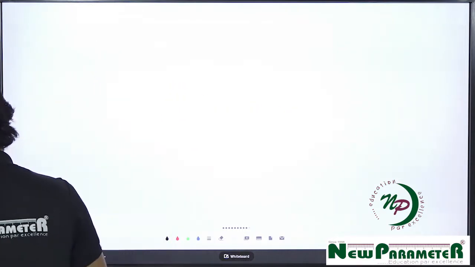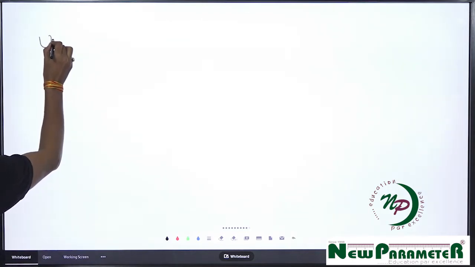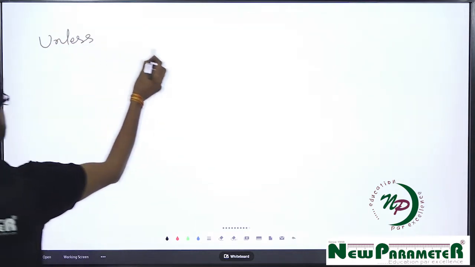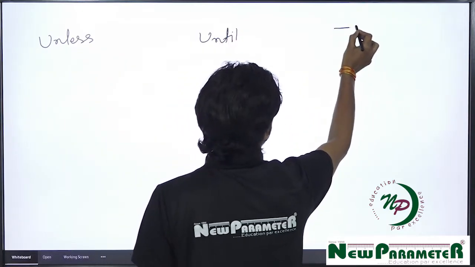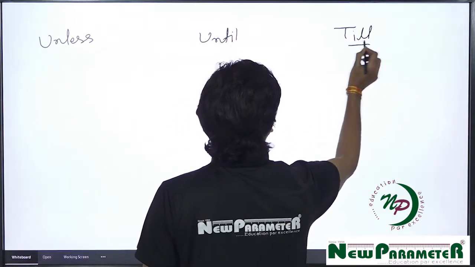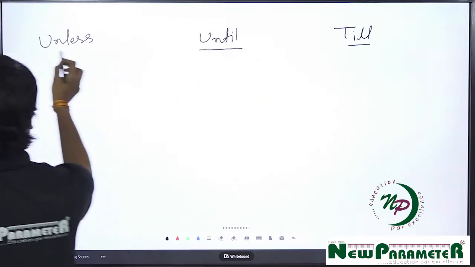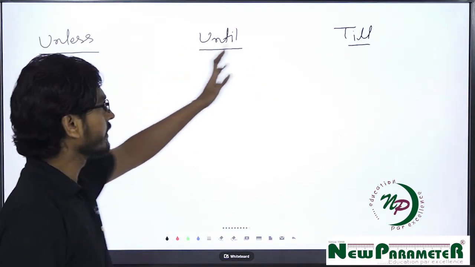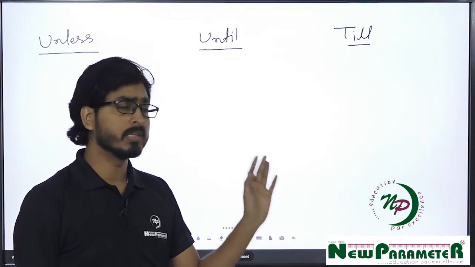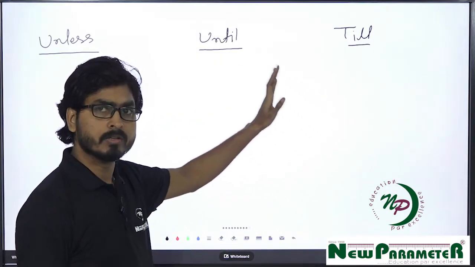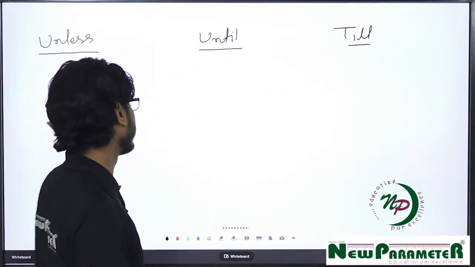We'll now see unless, until, and till. Some guys understand that these are very confusing. Not at all. These are not confusing. These are very separated from one another.